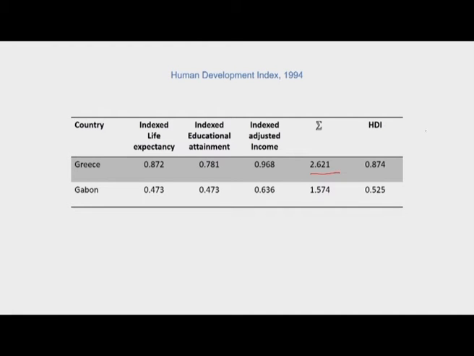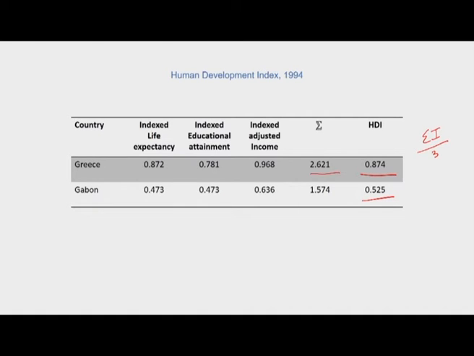The HDI is basically the summation of all the indices x1, x2, x3 divided by 3, which is basically taking an average, or arithmetic mean, of the indexed life expectancy, educational attainment and adjusted income, and this is the final HDI computation.